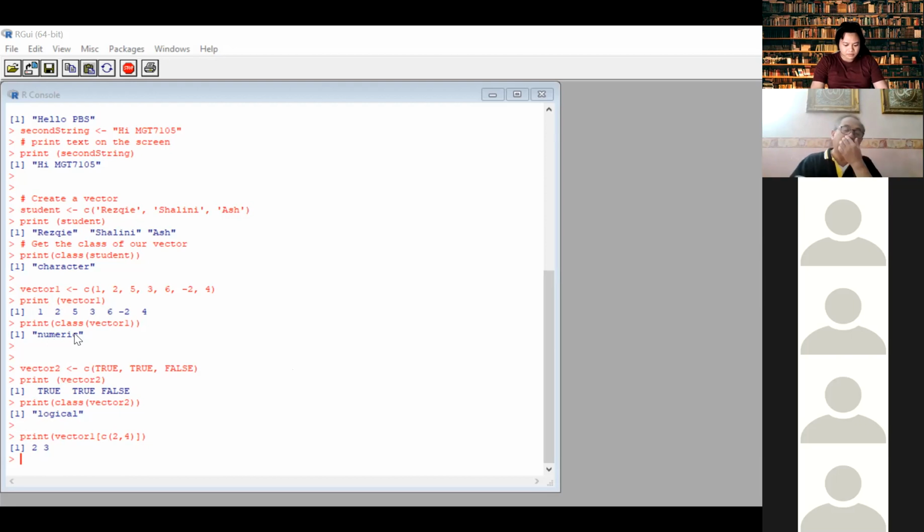Numeric means it can be calculated. When you put it as character, it cannot be calculated. If you put numbers but with inverted commas, it becomes character. Otherwise, for example, if you put a matrix number, it will be able to calculate your matrix number. It's not treated as character.